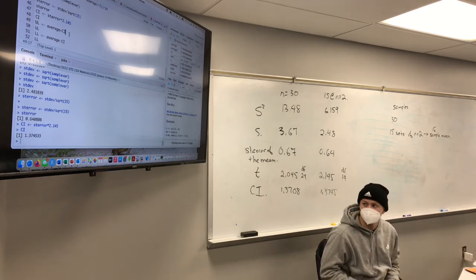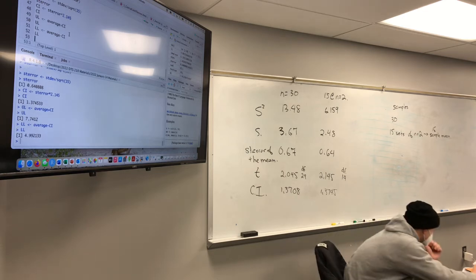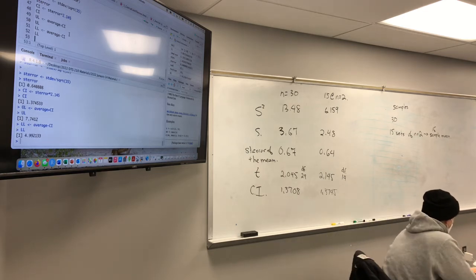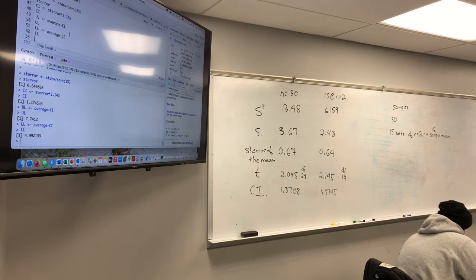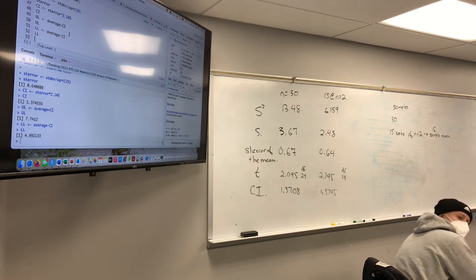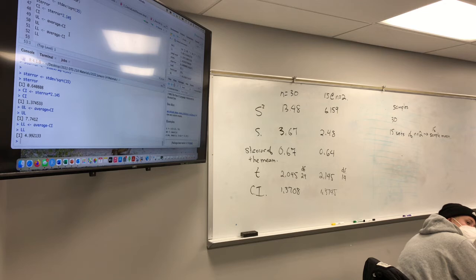So now let's do the upper limits and the lower limits. And it's 7.74, 4.99. So they're basically the same size, which is not what I found when I did this earlier.